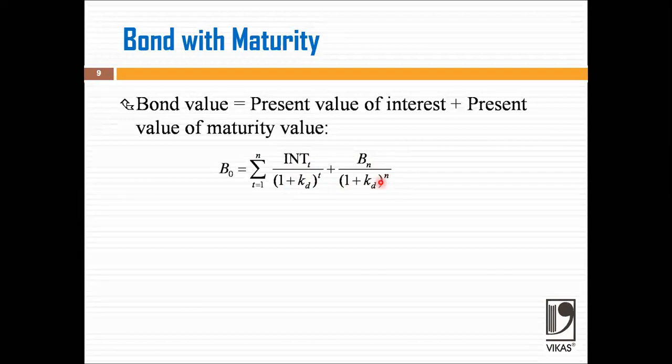Since it's a pure discount bond, it doesn't have any interest payment, so we couldn't find this portion in the formula. We can observe only this part of the formula. Simply, the value of the bond B0 equals Bn, the value at maturity, divided by 1 plus Kd to the power of n, at the time of maturity.